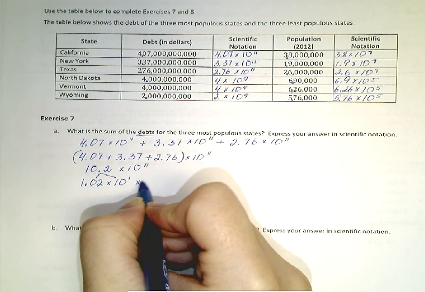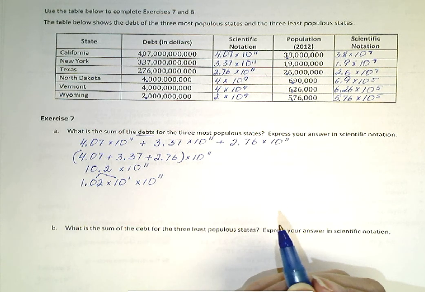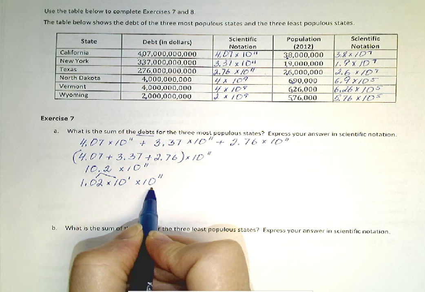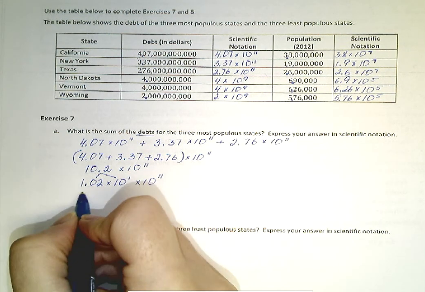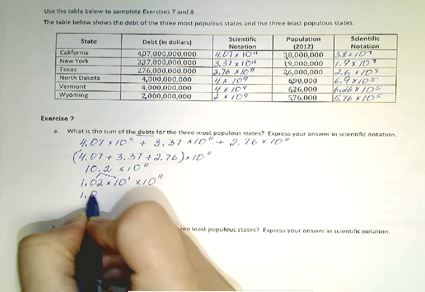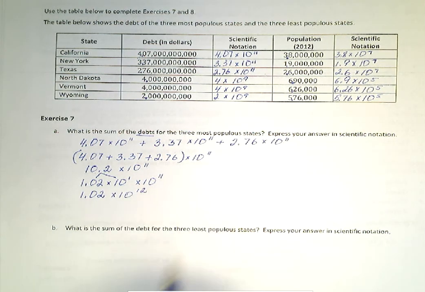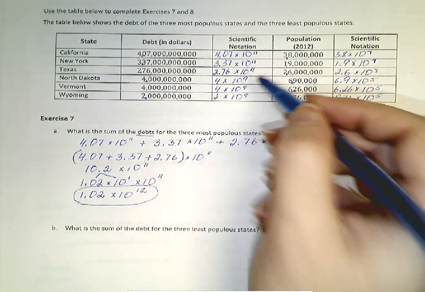Then we have times 10 to the 11th left. Now I can use the multiplication rule for like bases. I'm going to add these two exponents, and I will have 1 and 2 hundredths times 10 to the 12th. So that is the combined debt for all three most populous states.